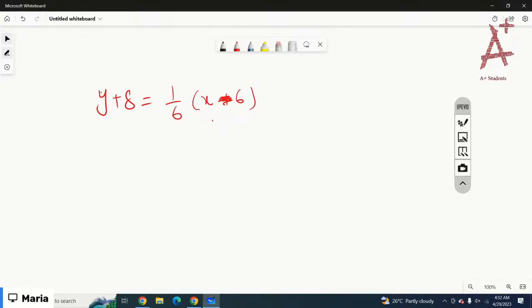Okay, first just multiply the equation by 6 on both sides. It would be 6y plus 6 times 8 is 48, and you can cancel out the 6, so here you are left with x minus 6.